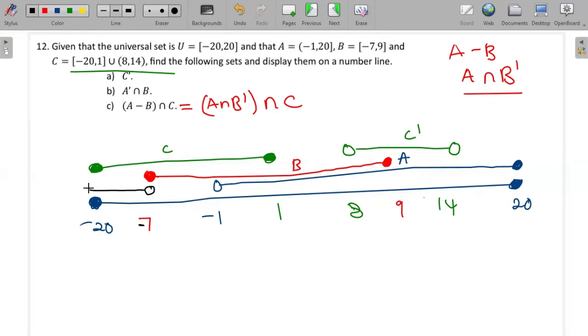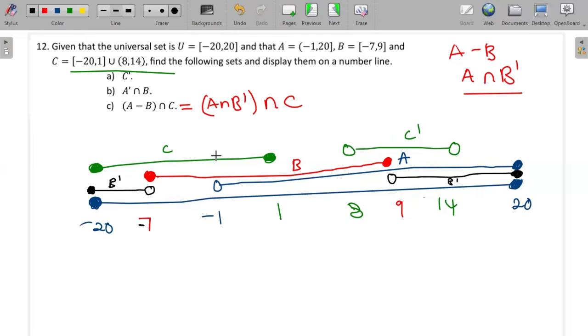And then the -20 will be there. So this is my first part of B complement. And then my other one will start here. Since 9 is in B, it should not be in the B complement, and it goes all the way up to here. I'm going to shade. This is my second part of the B complement.